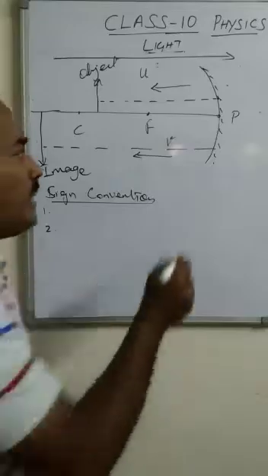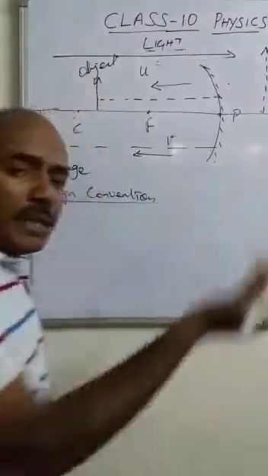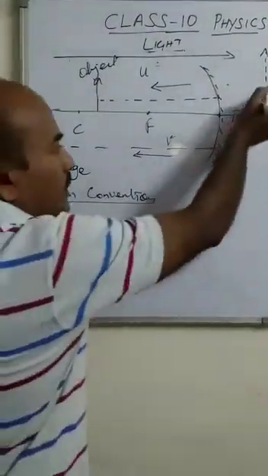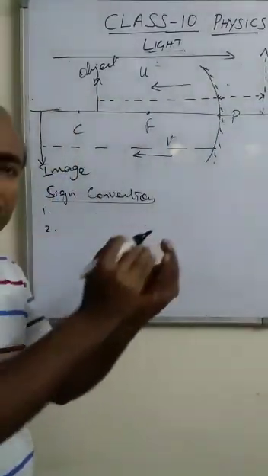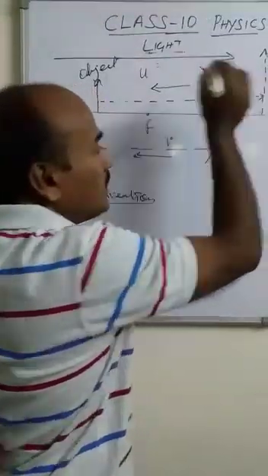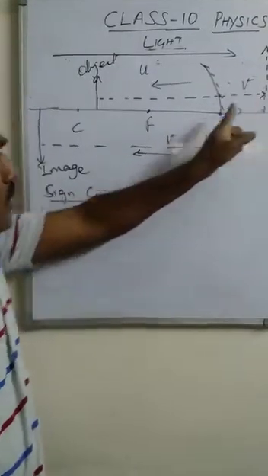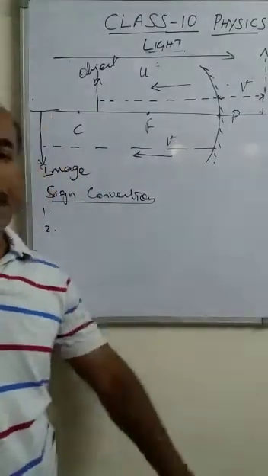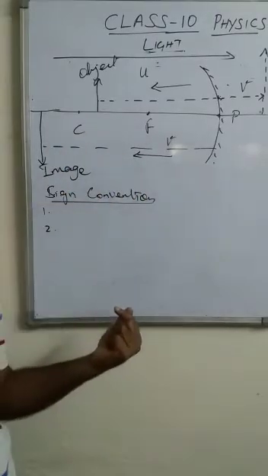Image distance is also measured from right to left. If for any case an image is formed at the back of the mirror, a virtual image is formed. If the distance of this image is to be measured, our measurement is moving from left to right. Here we use the symbol V, image distance. This measurement of image distance is in the opposite direction, taking place in the opposite direction of the light ray.